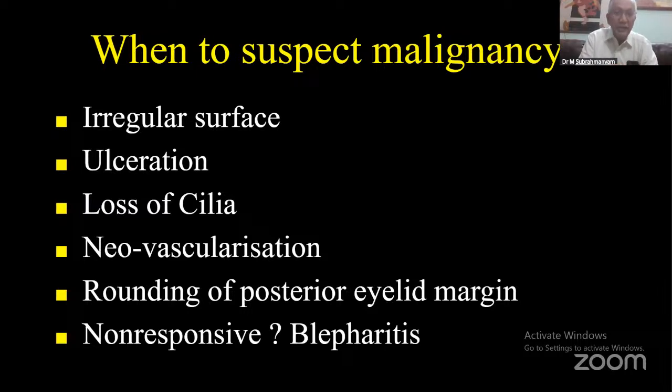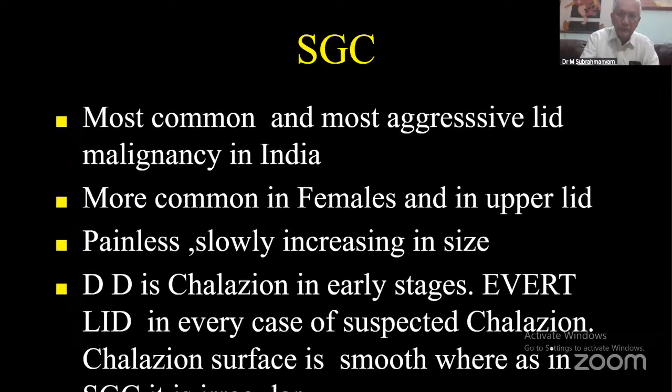You have to take a biopsy to rule out a pagetoid spread of sebaceous gland carcinoma or squamous cell carcinoma or maybe basal cell carcinoma. Sebaceous gland carcinoma is the most common and most aggressive lid malignancy.